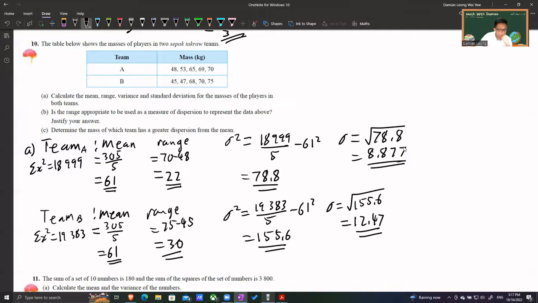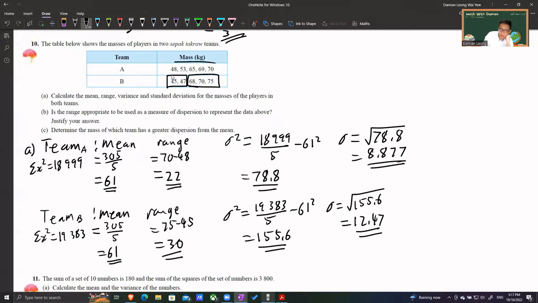So is the range appropriate to be used as a measure of dispersion to represent the data here? So whether it is appropriate or not. In this case, in a sense, these two are quite far off from everything else.